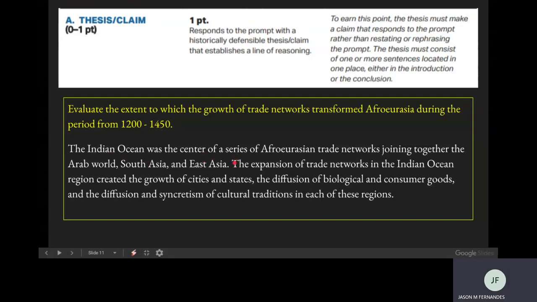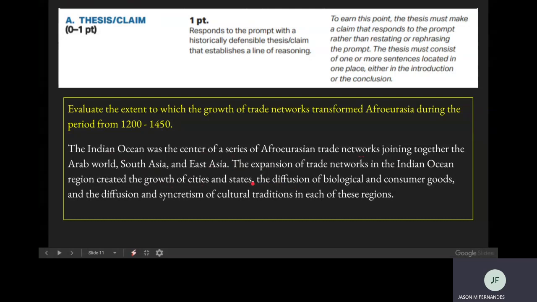Here's where we get into the meat of the thesis, though, the argument that I'm going to try to prove as I go through this. Expansion of trade networks in the Indian Ocean created the growth of cities and states. So we'll look at some evidence for that, right? Places like China, cities in China, like Guangzhou, states in the Arab world, cities in the Arab world, like Baghdad, right?